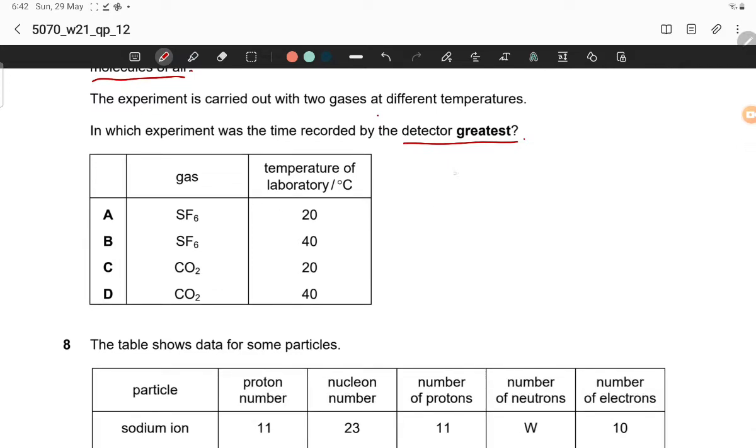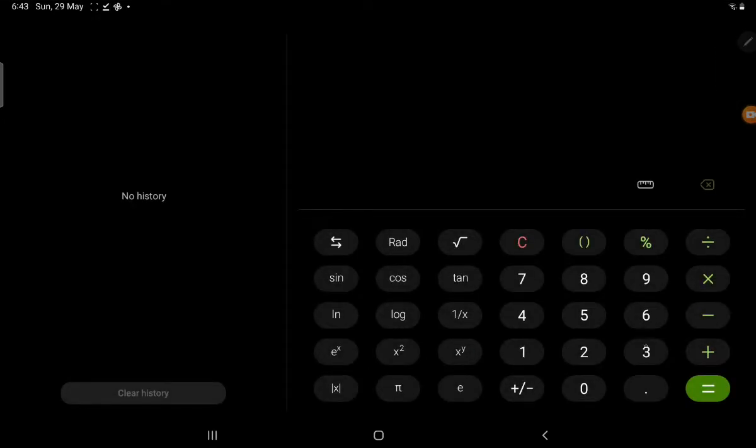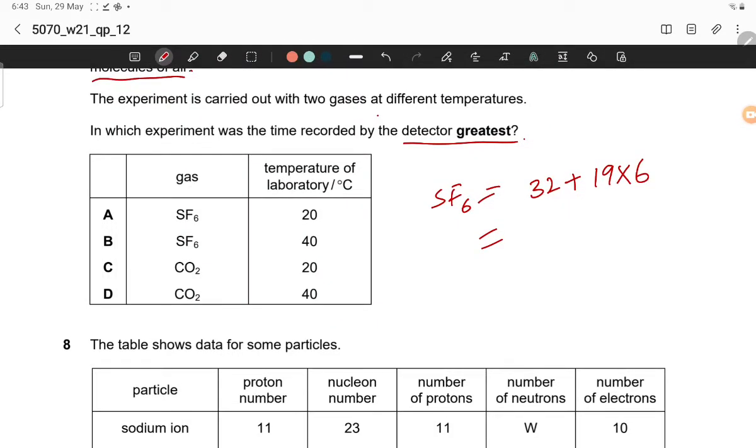SF6, just calculate the Mr of the compound. SF6 is sulfur 32 plus 19 into 6, which is equal to 146.